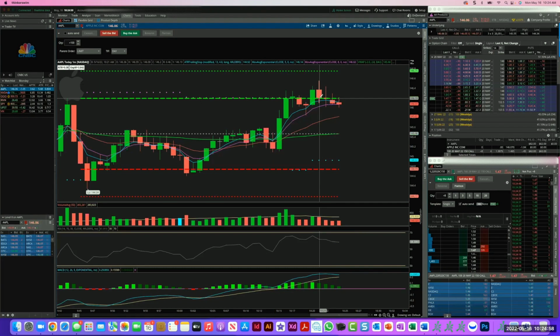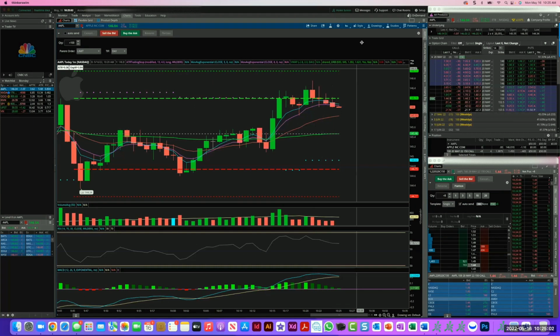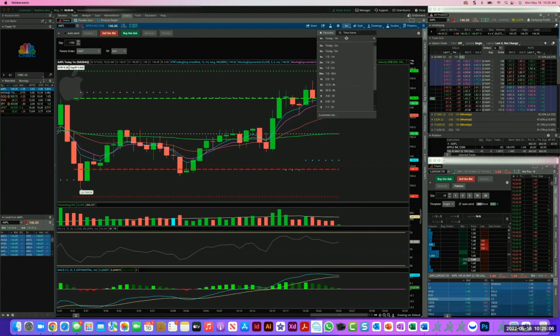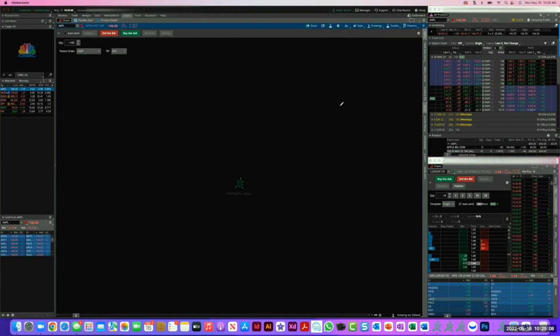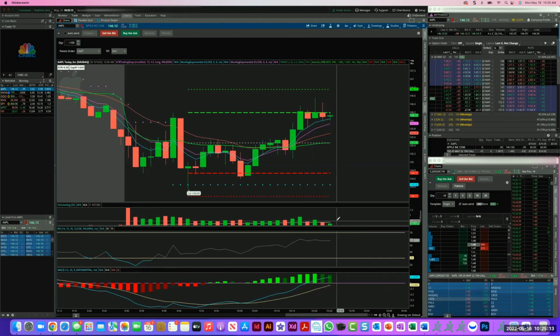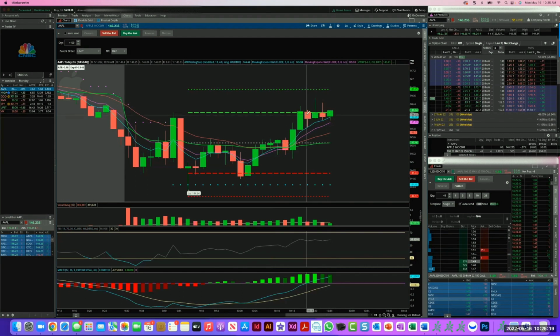And then we tested it here, and it appears it is holding, but we're kind of going sideways. So maybe the 2-minute is a better time frame for entry, and then the 1-minute for exit. But we've got a consolidation here now.